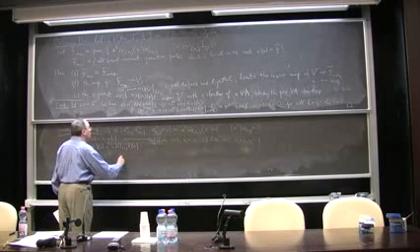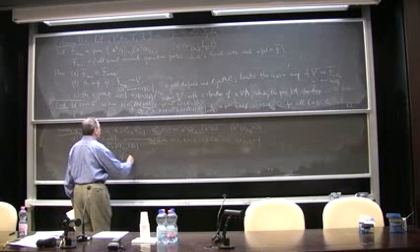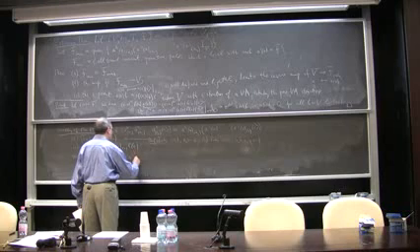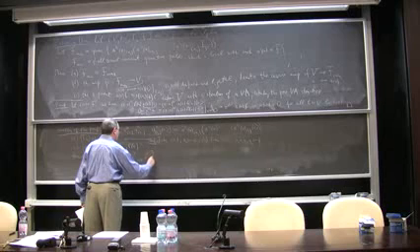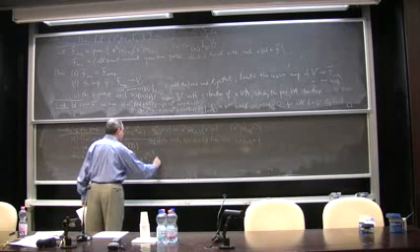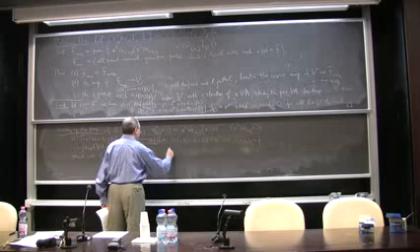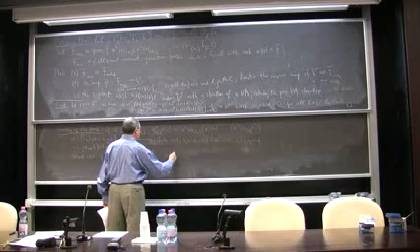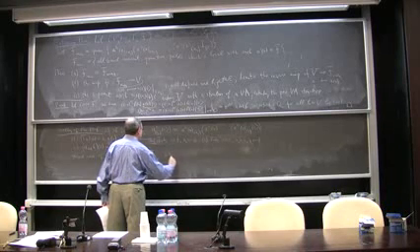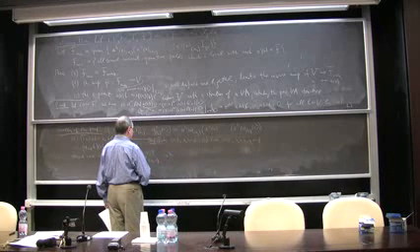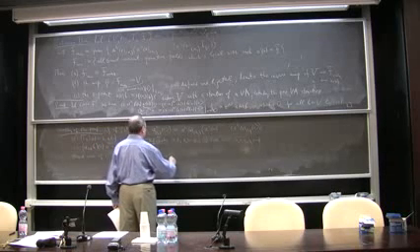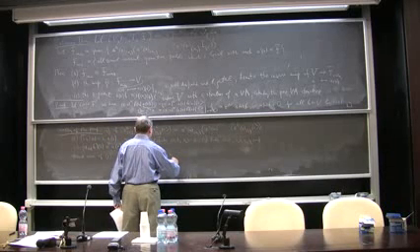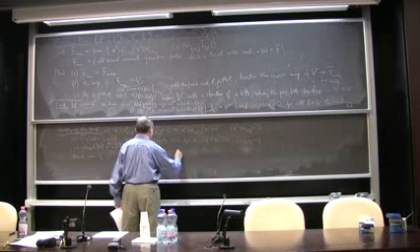What is the state field correspondence of an element A_{j1}(-n1-1) A_{j2}(-n2-1) and so on up to A_{js}(-ns-1) applied to the vacuum?